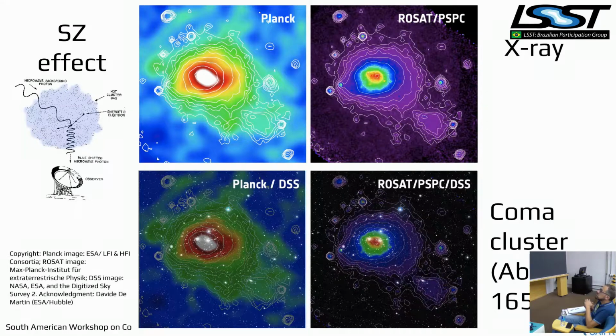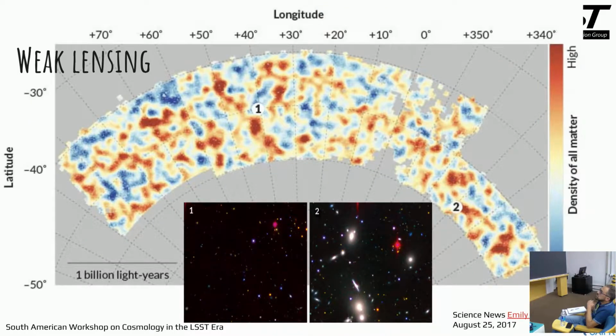Probably the easiest one is by looking at the sky, right? Another way, and many others will talk about that, is using weak lensing, right? You can use shear maps to map out the density of matter in the universe.